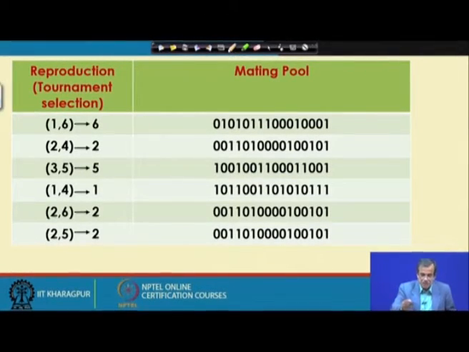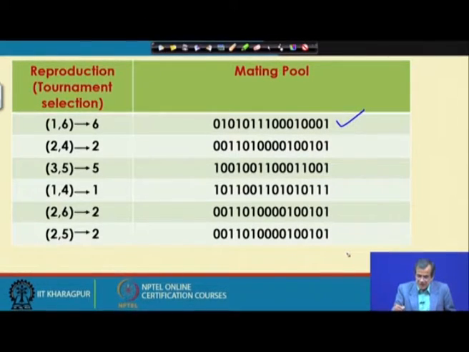Supposing that I am going to decide what should be the mating pair corresponding to the first GA string in the mating pool. This particular GA string is going to meet with another, and that particular selection has to be at random.